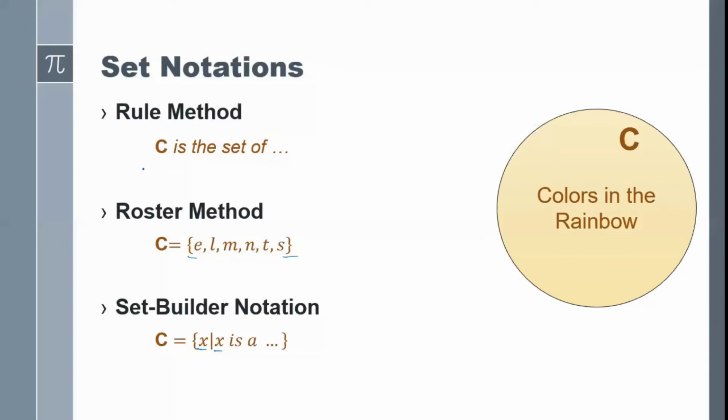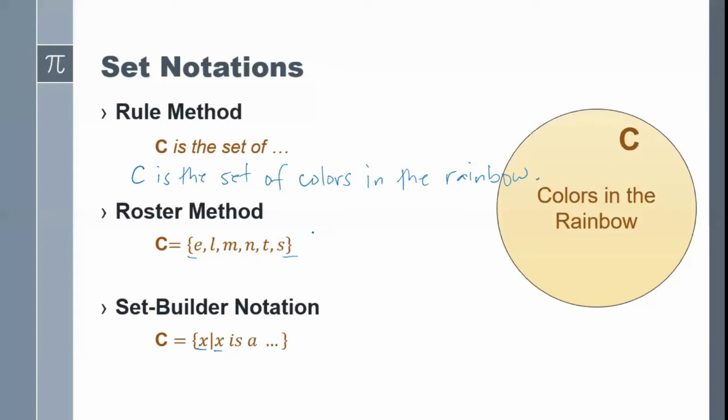So I'm going to write here, C is the set of colors in the rainbow. And since this is a sentence, don't forget to punctuate properly. You have to put a period at the end of your sentence.